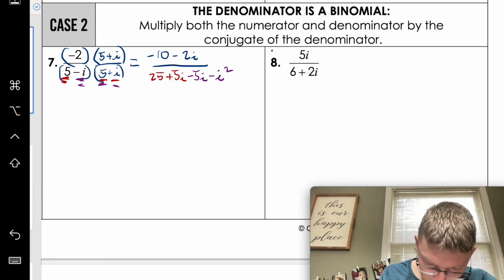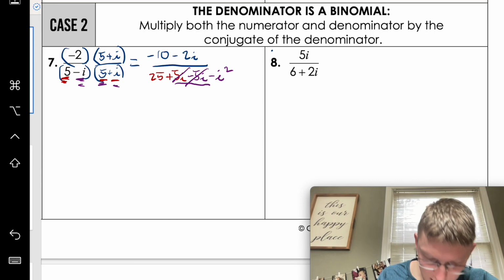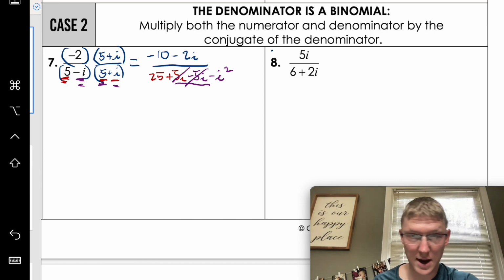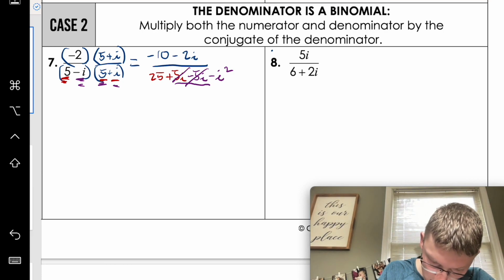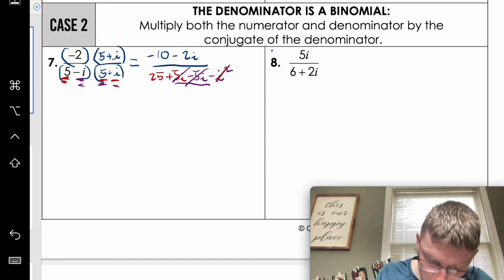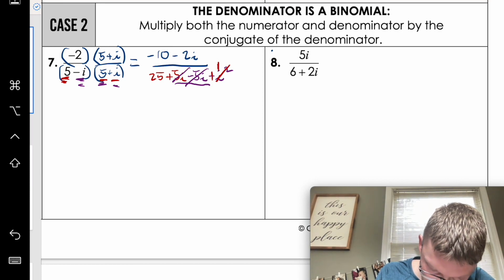So, do you see what happened here? When we put these two together, they go away. 5i minus 5i is just 0. Don't have to worry about it anymore. Also, i squared is the same as negative 1, but it's already negative, so it's going to be a positive 1.